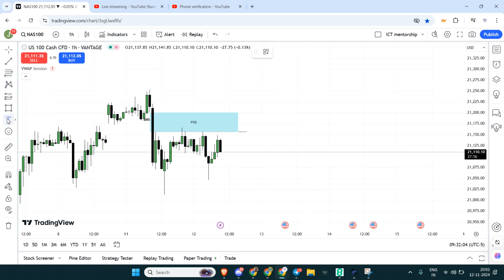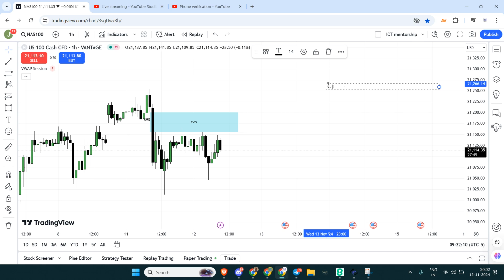Initially there are three rules, so I'll write them down here. The first rule is liquidity sweep. This is our first step. The second one is looking for a break of market structure in the 1 minute time frame.